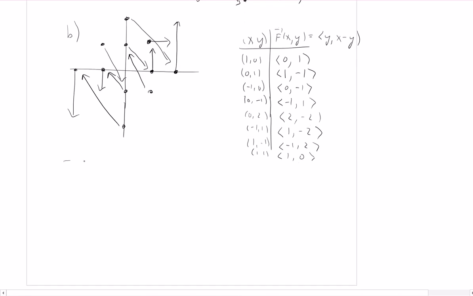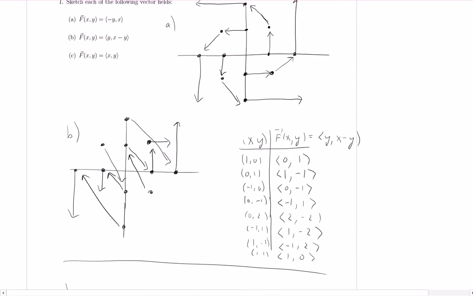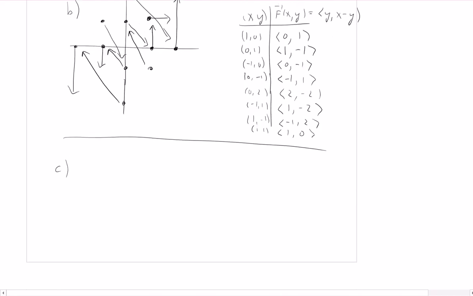Okay, finally, let's try to draw part C, (x, y). This is probably the easiest of the three. At (1, 0), it's (1, 0), so it points to the right. At (0, 1), it's (0, 1), it points up. Here it points to the left. Here it points down.